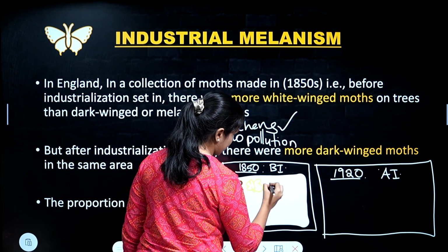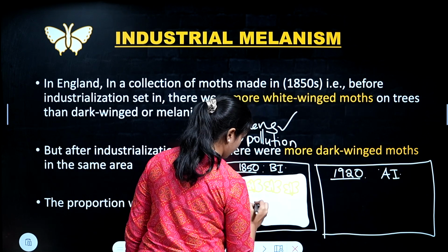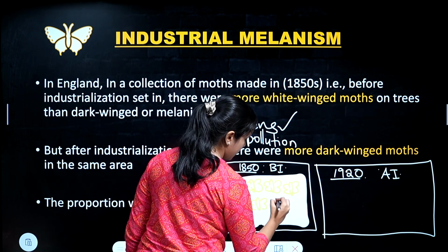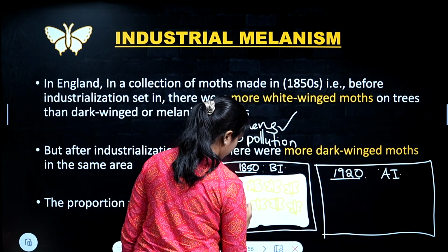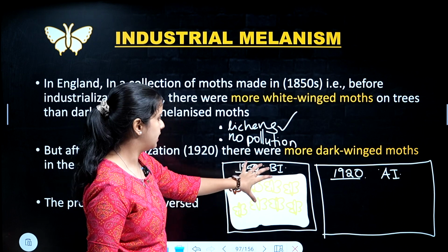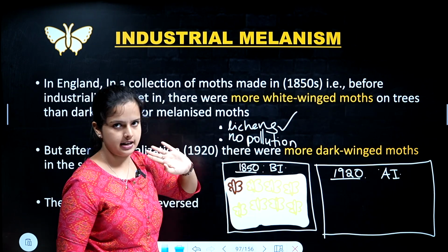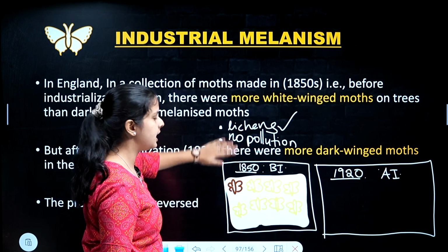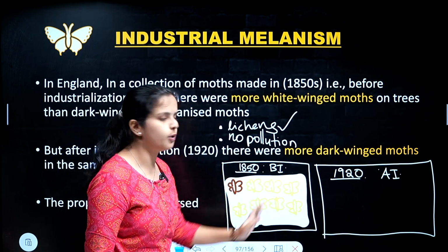I'm drawing it with light yellow, but it's supposed to be white. So you have white winged moths as well. So this is the condition of the tree bark in London before industrialization. In 1850, there was no pollution, there were a lot of lichens on the tree bark, and this was how the moths would look.